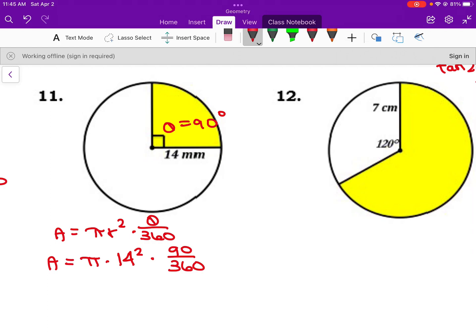So if I go ahead and do 14 squared times pi times 90 out of 360, we should get 153.94. So we'll say area is about equal to 153.94, and we'll go with millimeters squared.